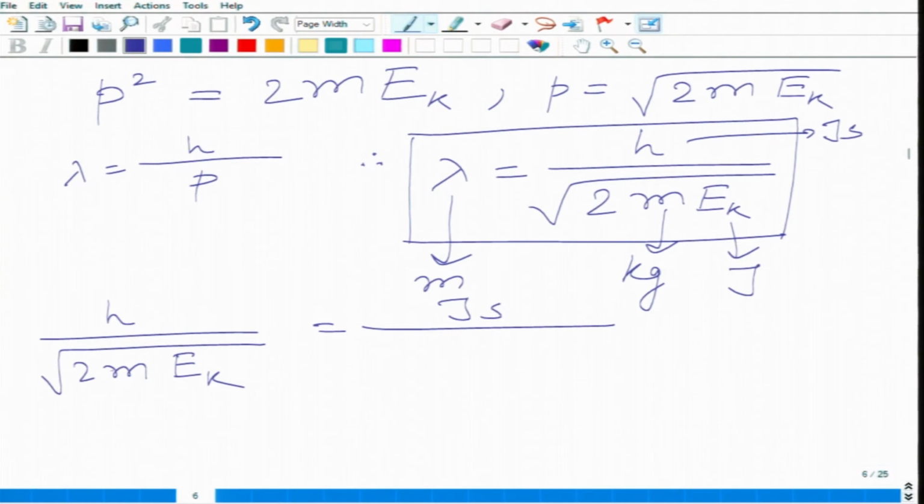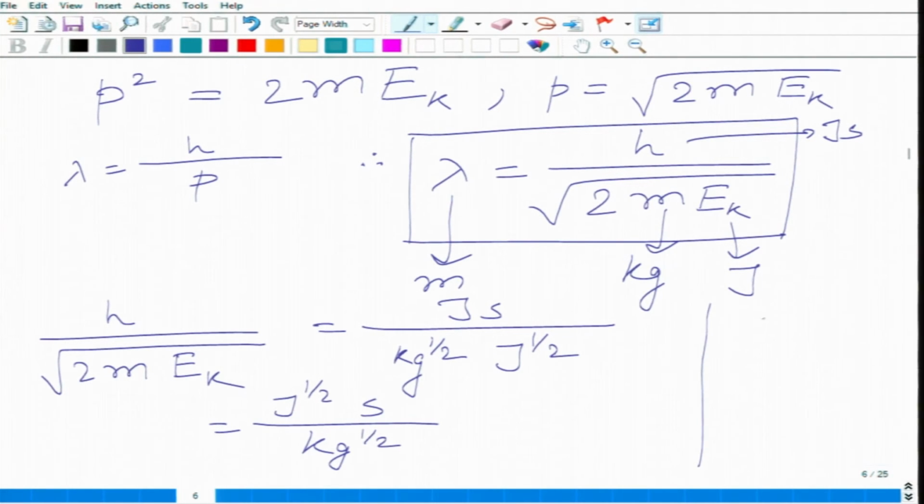The square root of mass will be kg to the power half, and the square root of kinetic energy will be joule to the power half. So, if we cancel out, then we get joule to the power half into second by kg to the power half.